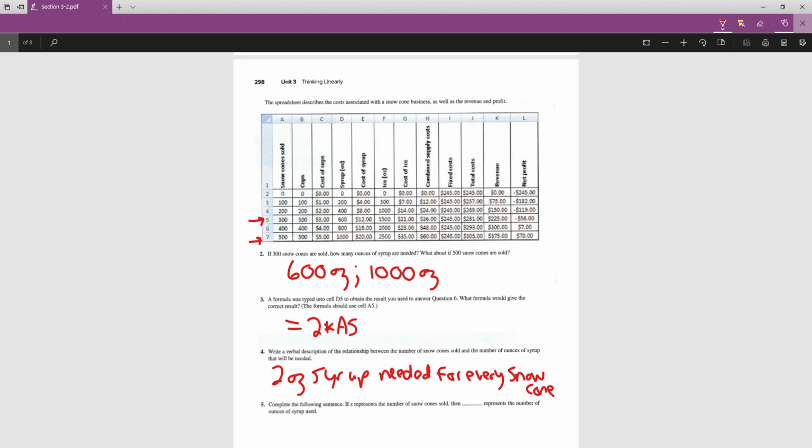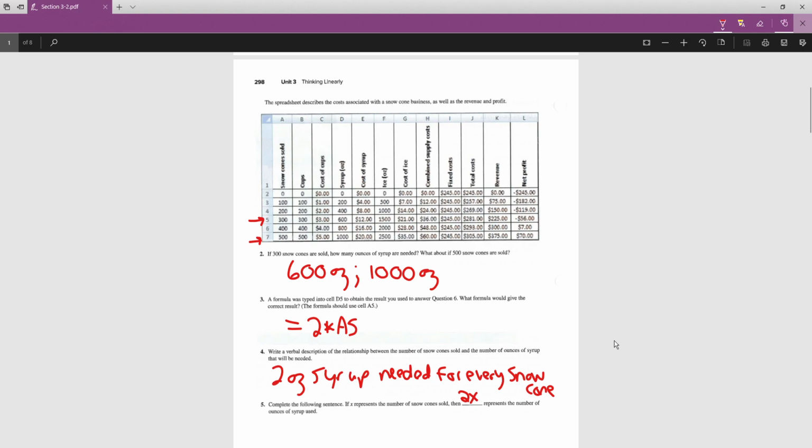Number 5 asks us to complete the following sentence. If X represents the number of snow cones sold, then what expression represents the number of ounces of syrup used? We just said it's twice the amount, so to write that as an expression, we write 2x.